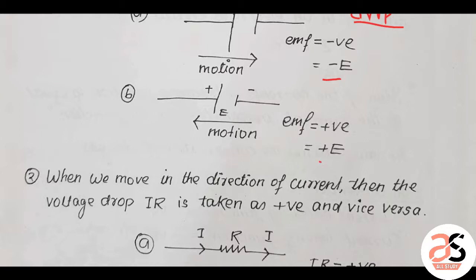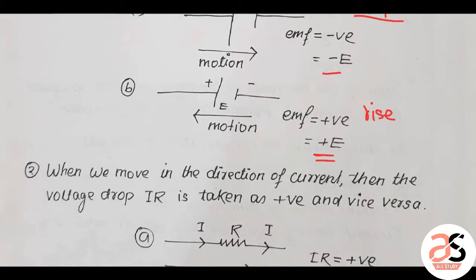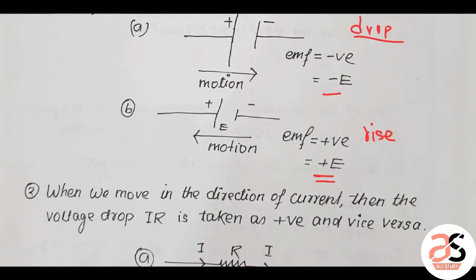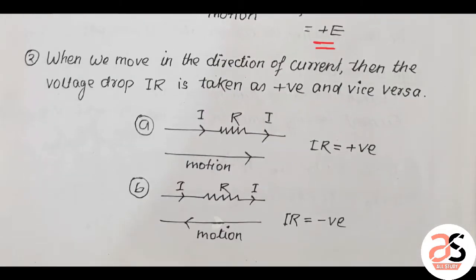So potential is increased. So this is taken as plus E. One is rise, the other is drop. So for drop in potential minus, for rise in potential plus.